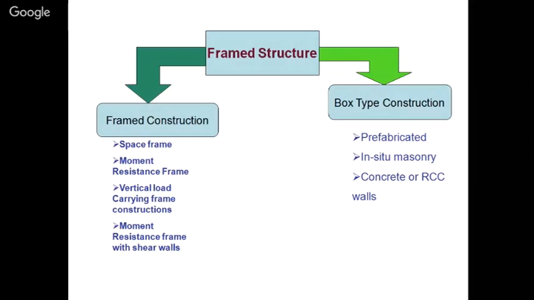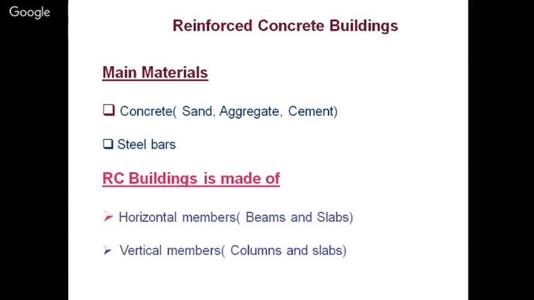Box type construction, prefab, that is prefab RCC, in which we do the connections of fabricated RCC components. In situ masonry and concrete or RCC walls. Reinforced concrete buildings, main materials concrete, sand, aggregate, cement, that's steel bars, that is reinforcing bars.